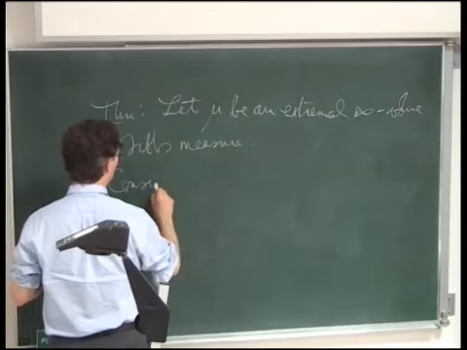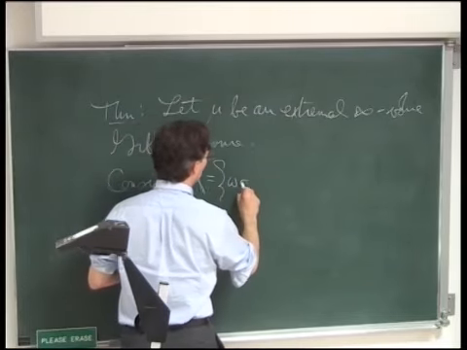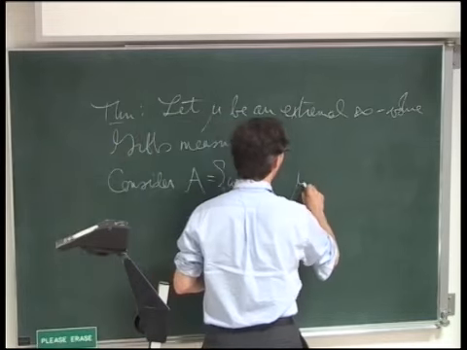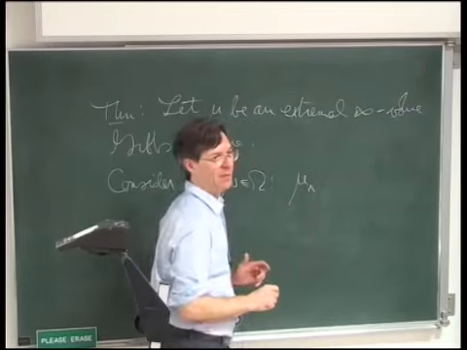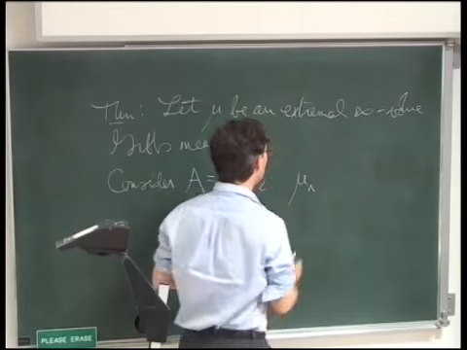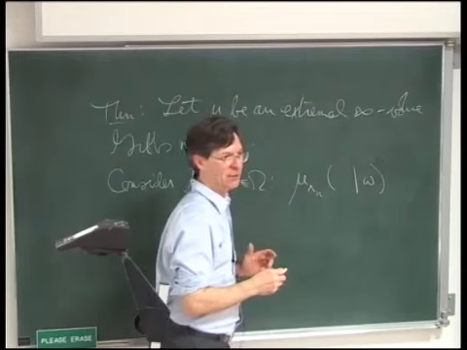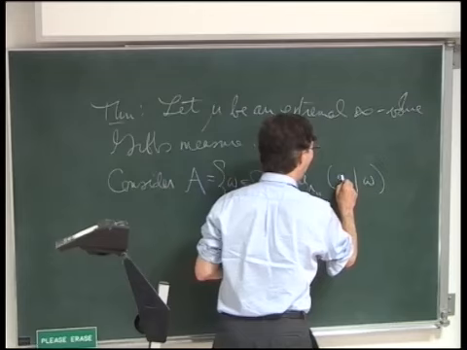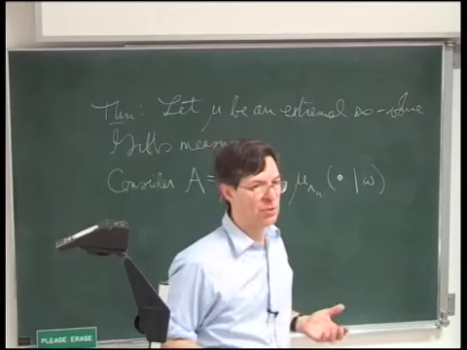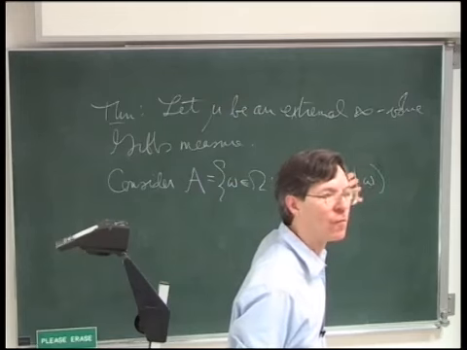Consider the set A of configurations omega that have the property that if I use omega as a boundary condition, so fix a sequence of boxes lambda n. Let me now use omega as a boundary condition and ask, as I increase the volume, do these finite volume Gibbs measures with boundary condition omega converge?